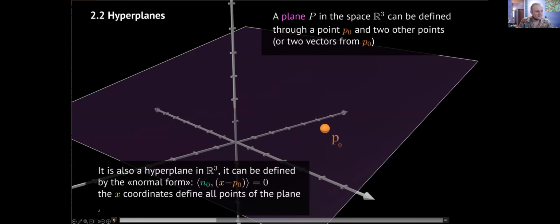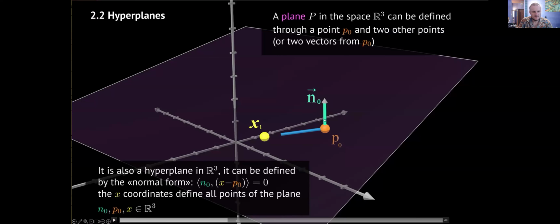But we can say that a hyperplane in R3 can also be defined by the normal form or normal equation, like that, using dot product. And here n0 will be the previously introduced normal vector.